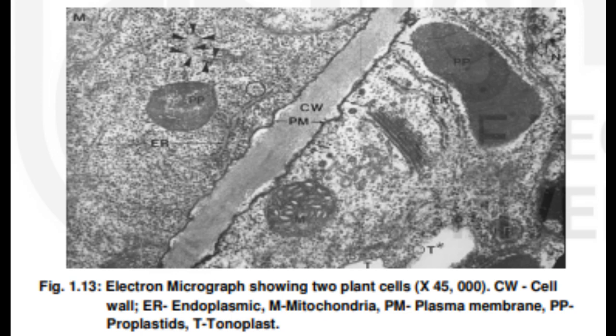You can see that the picture below shows the minute structural details of the cellular entities, Fig. 1.13. Electron micrograph showing two plant cells, X45,000. CW, cell wall; ER, endoplasmic reticulum; M, mitochondria; PM, plasma membrane; PP, proplastids; T, tonoplast.